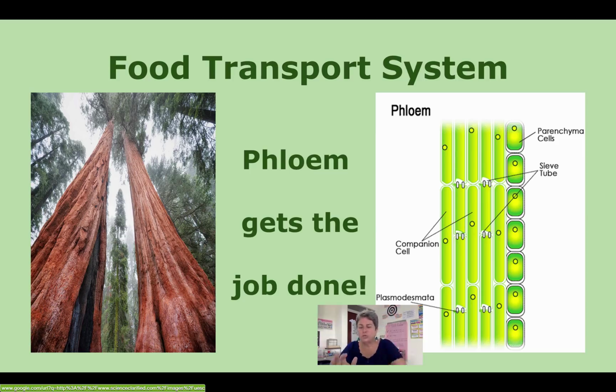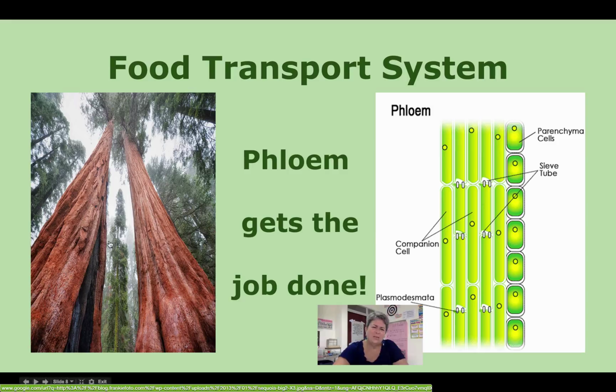So how does that sugar, though, get from the leaf where photosynthesis occurs to all parts of the plant? Well, there's another vascular tissue in plants called phloem, and phloem does for glucose what xylem does for water. So phloem is a transport system that carries that glucose that's produced in the leaves to all parts of the plant. So it goes all the way down.